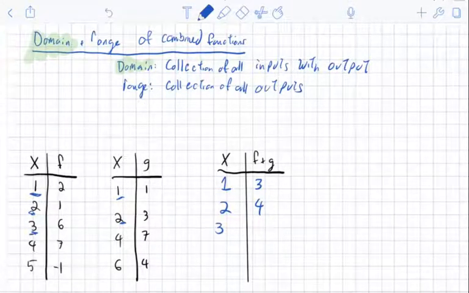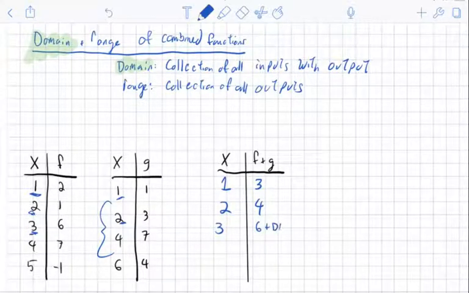3 isn't in the domain of g of x. In other words, if I wanted to calculate it, it would be 6 plus does not exist. So the answer is does not exist. And if I wanted to, I wouldn't even have to write 3 on the domain here.